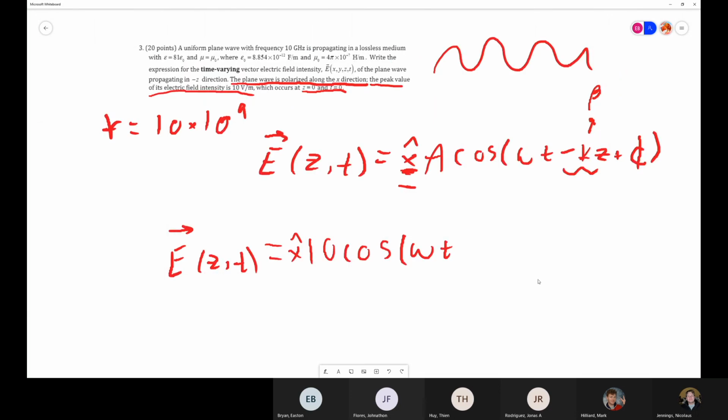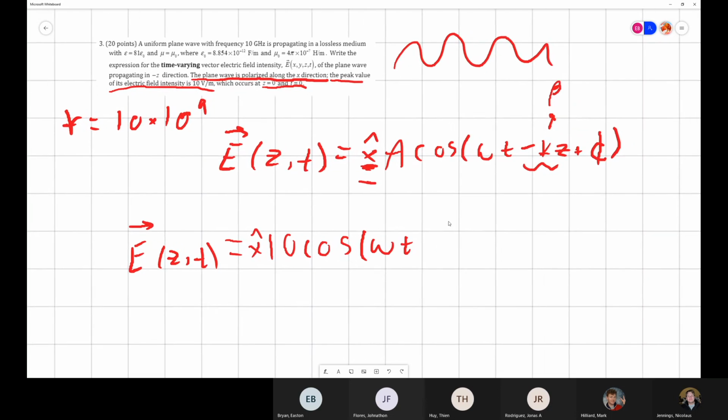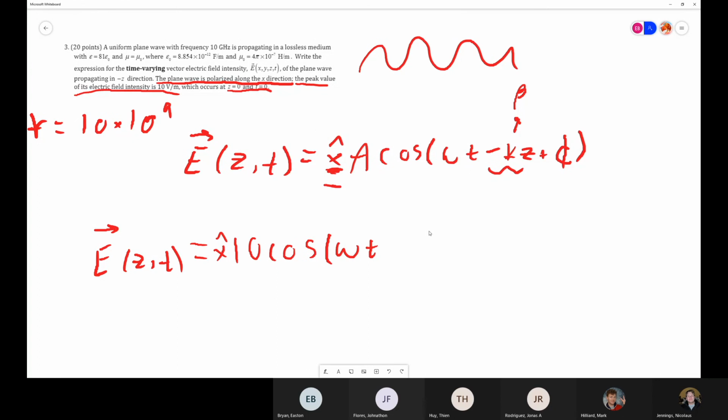Then you have to solve for beta using some relationships from earlier. You can use the propagation speed, which is just the speed of light.